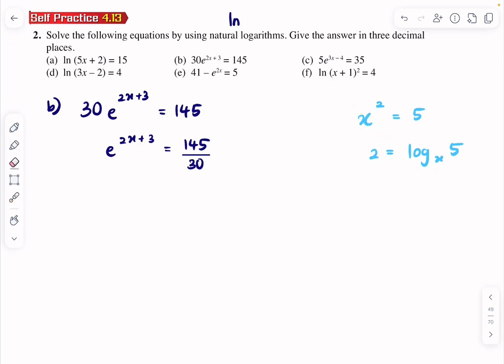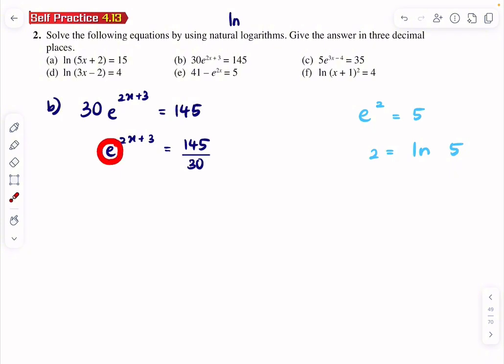So if we have e power 2, when we bring e this side, it becomes log base e 5. So log base e 5, we can write it as ln 5. Maybe it's a bit complicated the first time, but if you do it a few times, you'll get the hang of it.